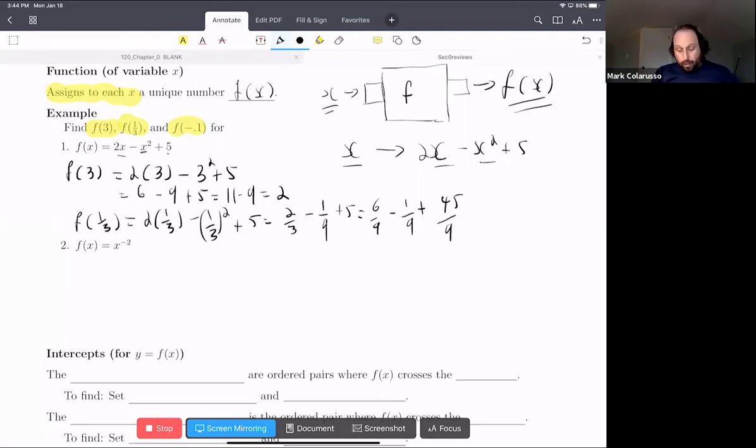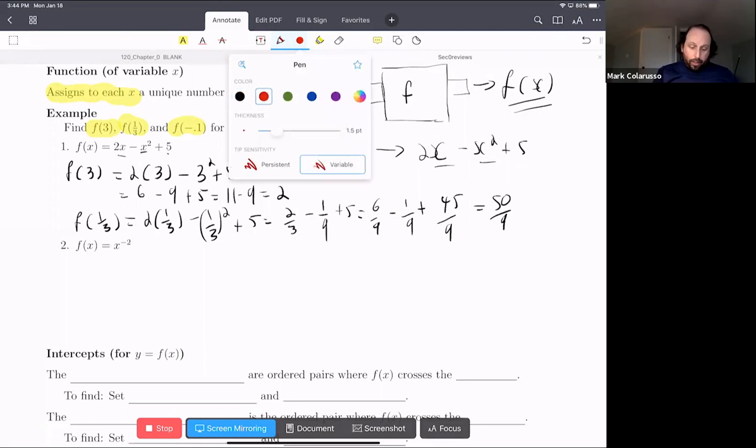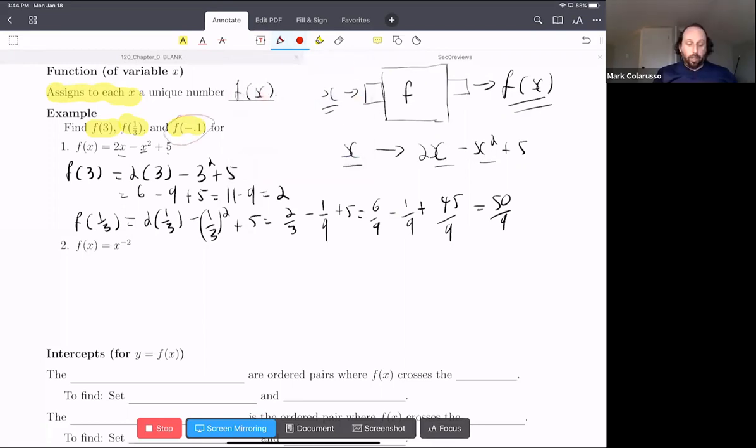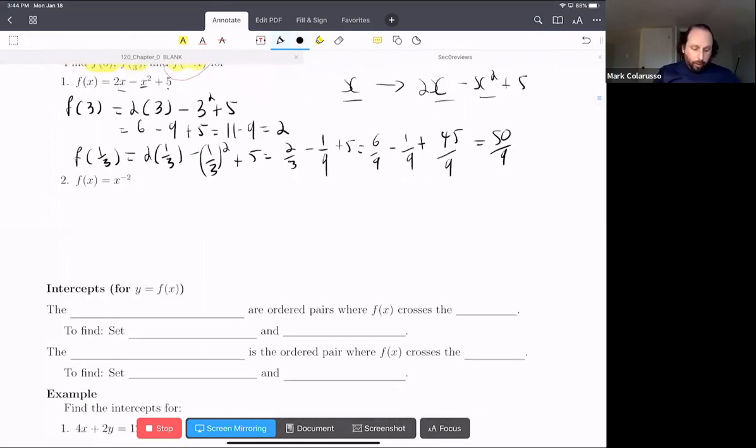If we add all this together, we get 6 plus 45 is 51, and then minus 1 will be 50 over 9. And maybe for practice I'll let you do this last one here, minus 0.1. You can do that by either working with the decimal, or by converting it to a fraction, whichever way pleases you.